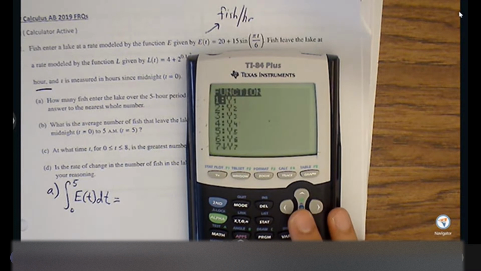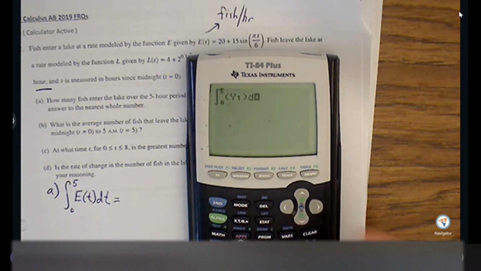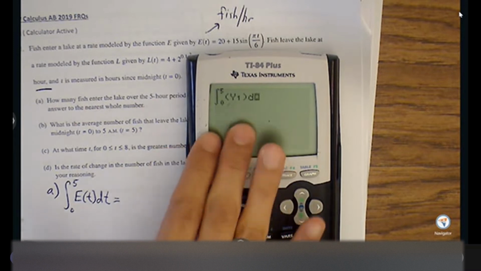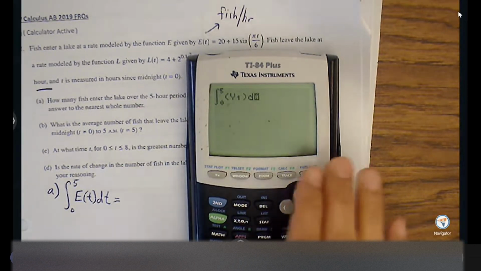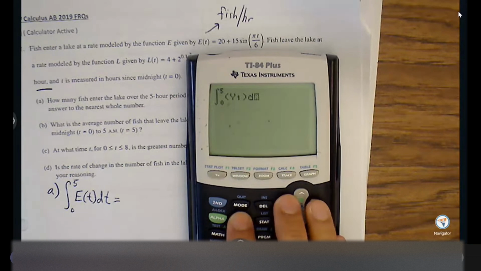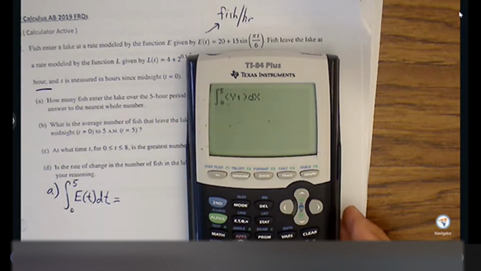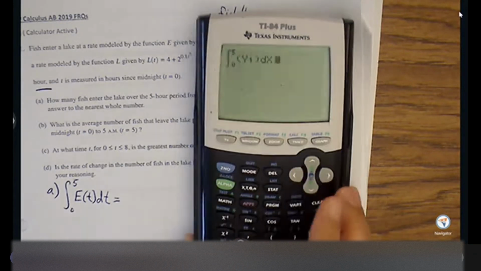Call my E of t. So I think it's really good to have that y1 and just keep calling that y1, because otherwise you're having to enter in all these functions over and over again. You can save a lot of keystrokes by just referencing these under y1 and y2.